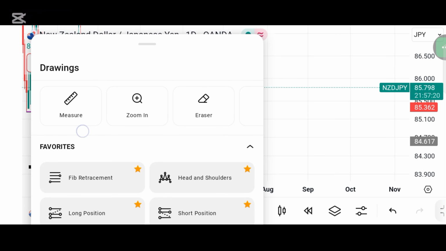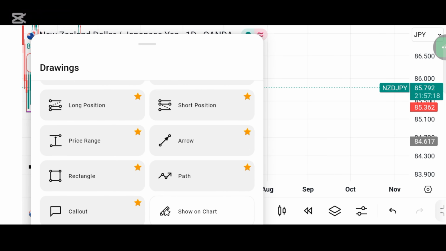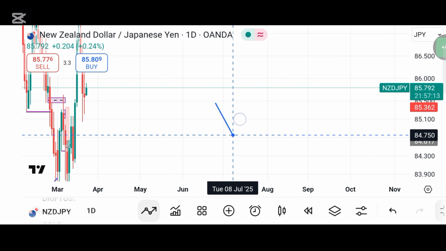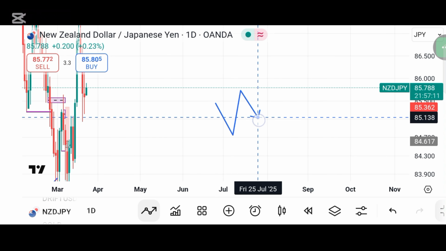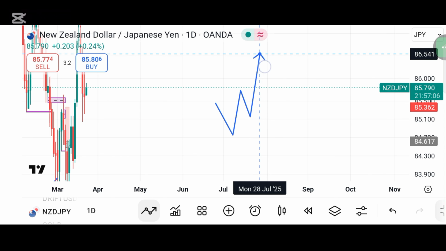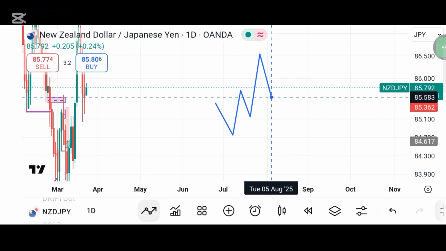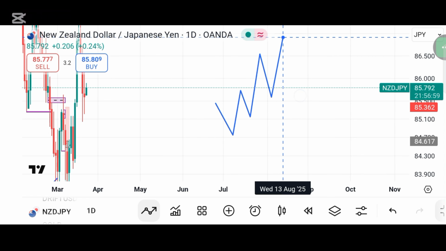So this is what a bullish mitigation block looks like here. This is how it's drawn. Let's just say we have a break of structure, price has been going bullish, then price comes back to this level here. So this is the mitigation block itself.